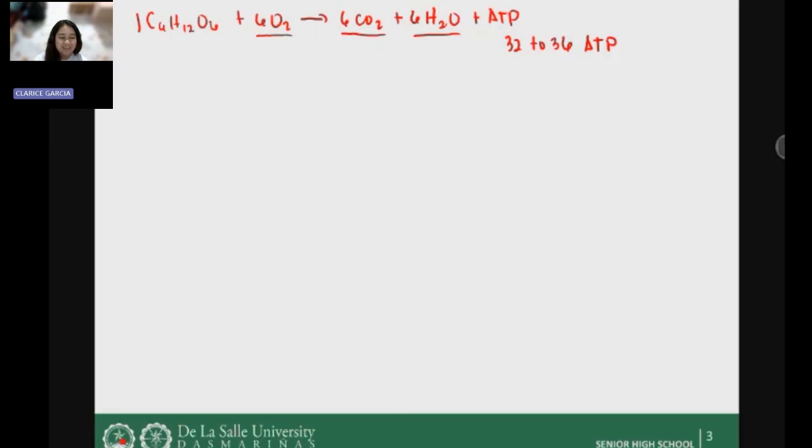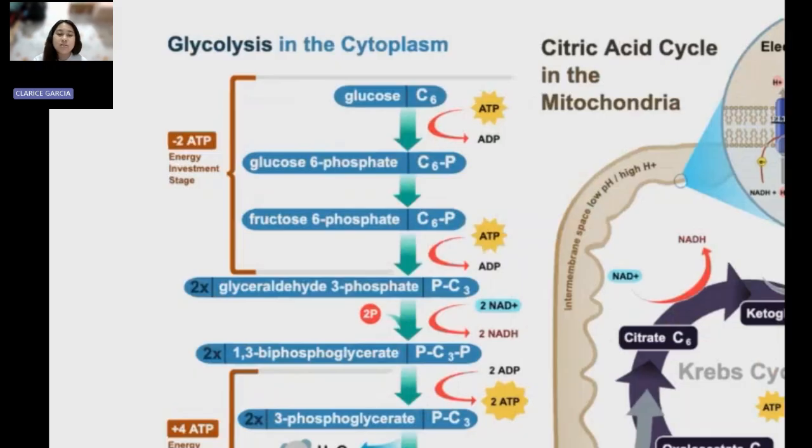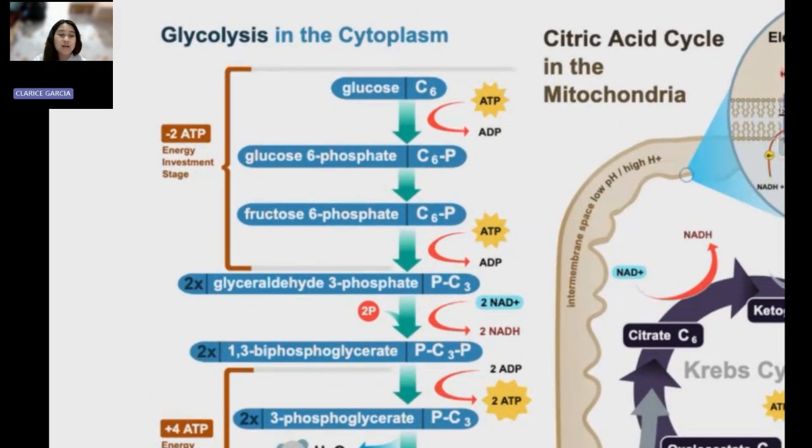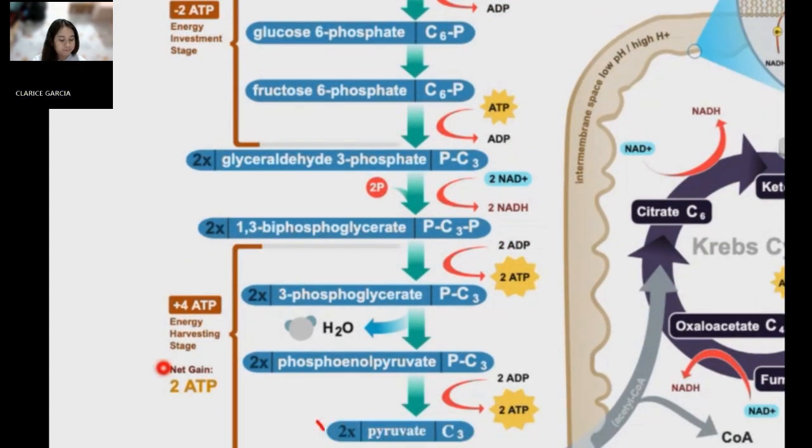So how does this happen? Let's find it out. These are the stages or processes in cellular respiration. It starts with glycolysis in the cytoplasm. One glucose molecule is split into two molecules of pyruvate.